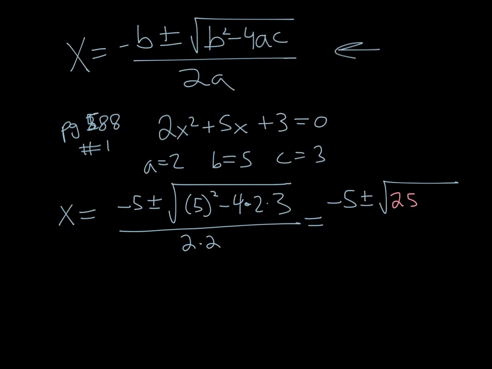Okay, so it's going to be minus, and then I do 4 times 2 is 8, times 3 is 24, all over 2 times 2 is 4. I can do that at the same time. Alright, so then from there, 25 minus 24 is just 1. So I have negative 5 plus or minus the square root of 1, all over 4.